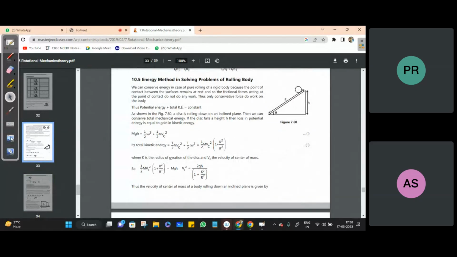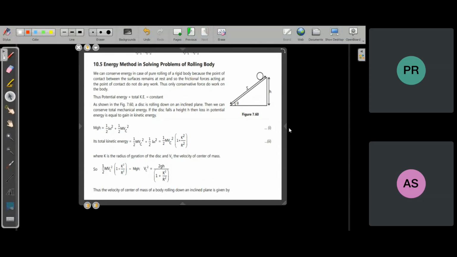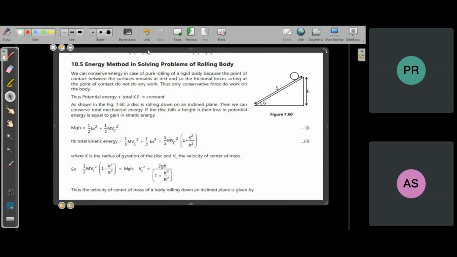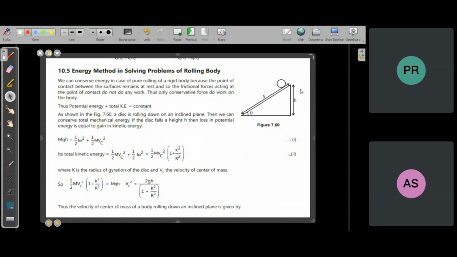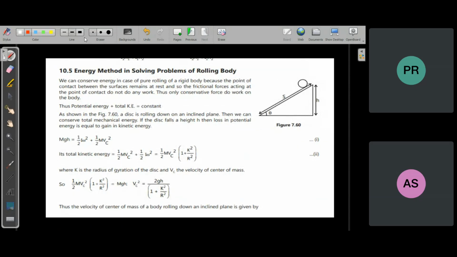You can also apply conservation of mechanical energy to a body which is rolling on an inclined plane. Can we apply it or not? First of all, is mechanical energy conserved or not conserved? Suppose a cylinder or a sphere is rolling down an inclined surface.